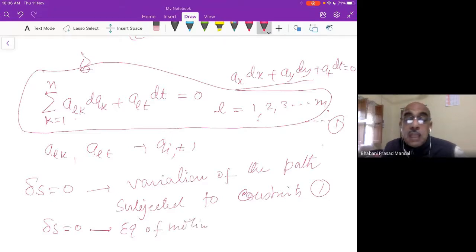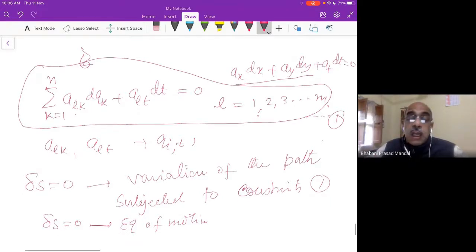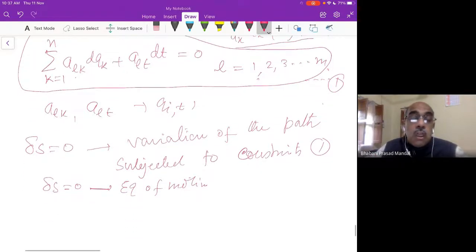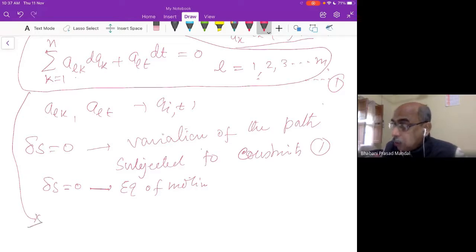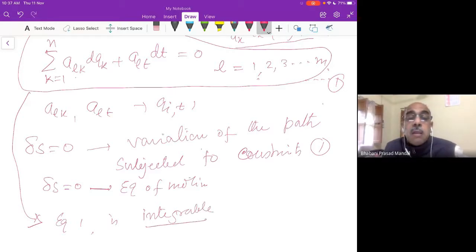But in the most general case, it is only possible to consider the variation of the path subject to this when this equation is integrable. That means you can integrate and remove the time dependence. So if it is integrable, then it will go to the holonomic constraint.